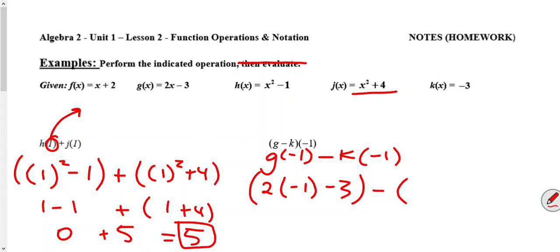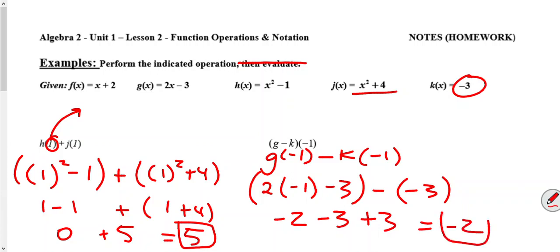Well, look, here's our constant again. There's nowhere to put the x. No matter what I put in for k of x, I'm going to get negative 3. So I put in negative 1, guess what? Negative 3. So simplify. Negative 2 minus 3 plus 3 equals negative 2.